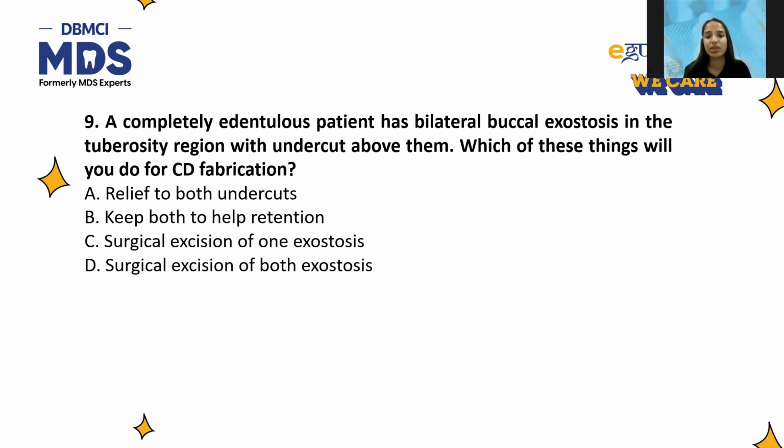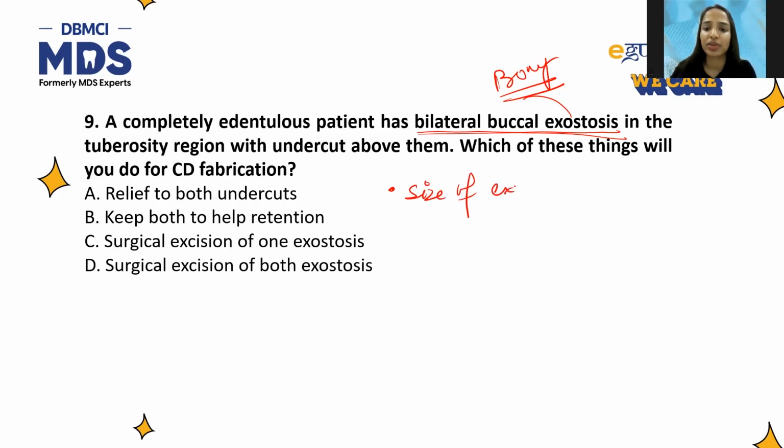So in this present question, they have very specifically mentioned it has bilateral buccal exostosis. When you write exostosis, it means it is a bony outgrowth. And when you have a bony outgrowth, in relation to that, we have an undercut which is lined by a hard tissue like a bone. Now, nothing has been mentioned regarding the medical history of your patient, as well as a very important point, which is the size of the exostosis.